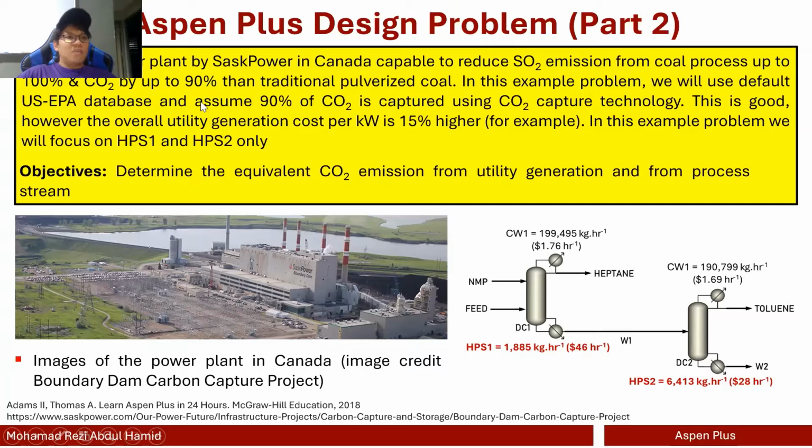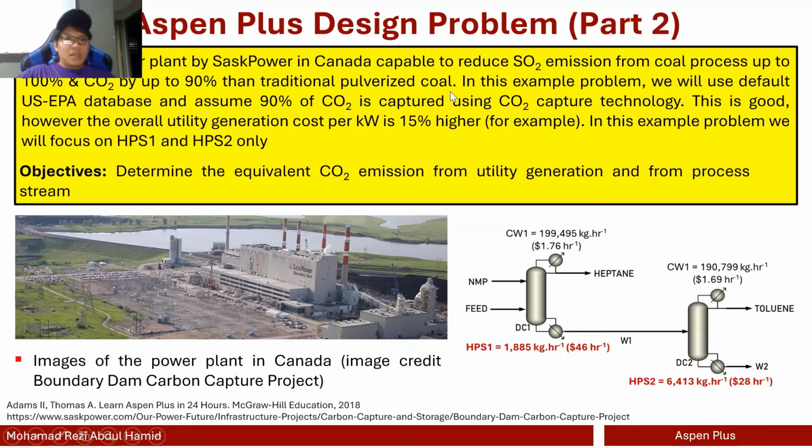And actually, this number is not a made-up number. If you Google, or refer to a blog or even Wikipedia, SaskPower is an actual power plant, by the way, in Canada. This power plant utilizes CO2 capture technology when generating electricity, and of course, when they capture CO2, they were able to capture around 90% of the CO2 produced during the combustion process.